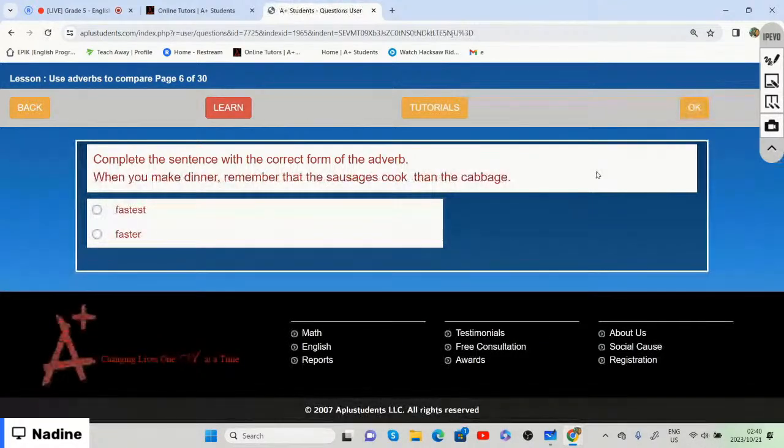And then when you make dinner, remember that the sausages cook faster than the cabbage or fastest than the cabbage. So when you make dinner, remember that the sausage cooks faster or fastest than the cabbage.